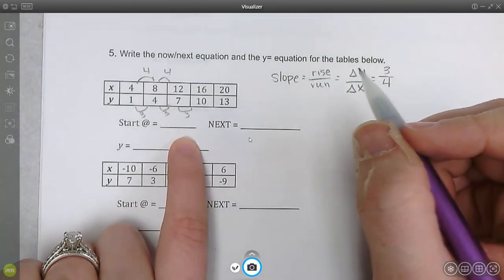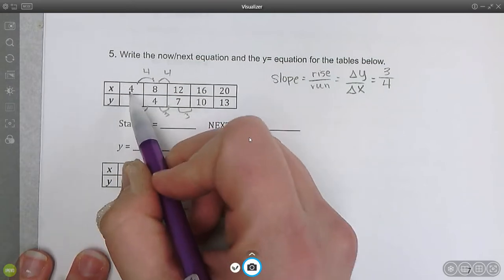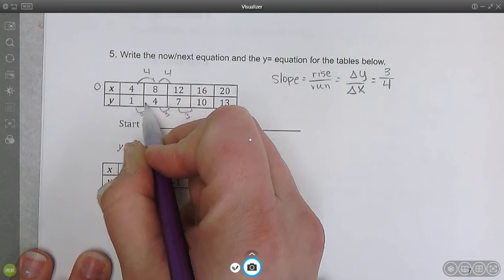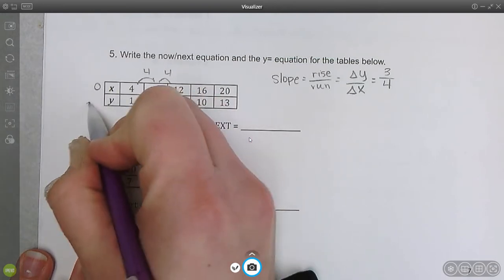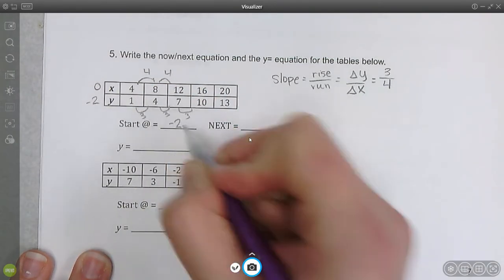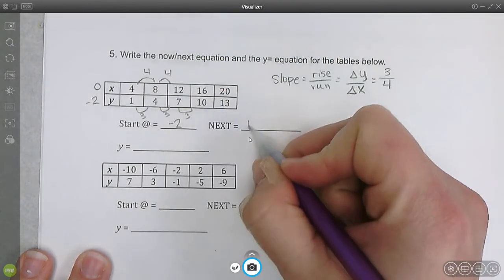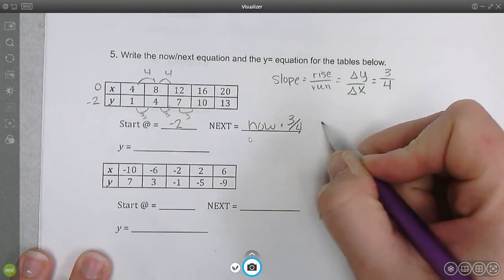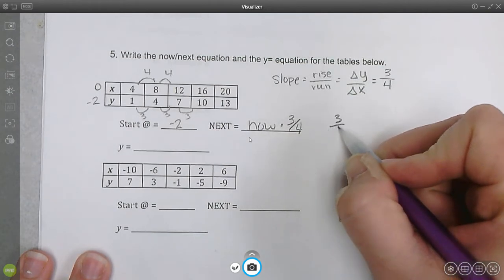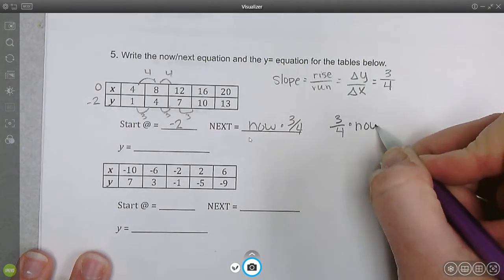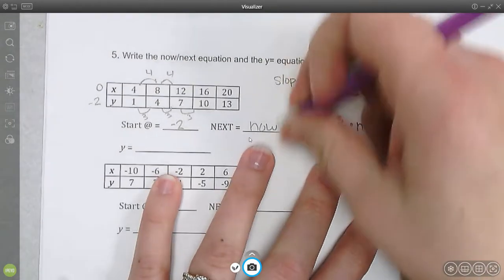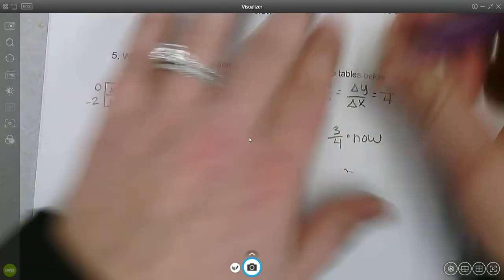So our start at on this one, well, you have to back your table up. So we're subtracting 4. So this would be 0. Subtract 3, we would get negative 2. So our start at's negative 2. Our next is going to be now times 3/4. Or I prefer if you actually write 3/4 times now. Oh my gosh, I take that back.